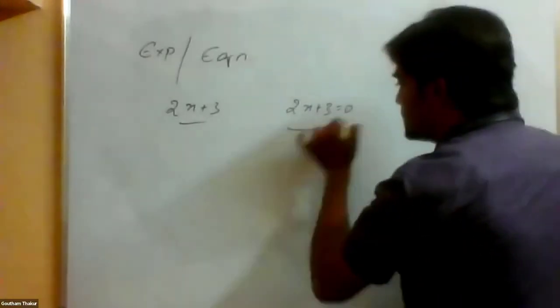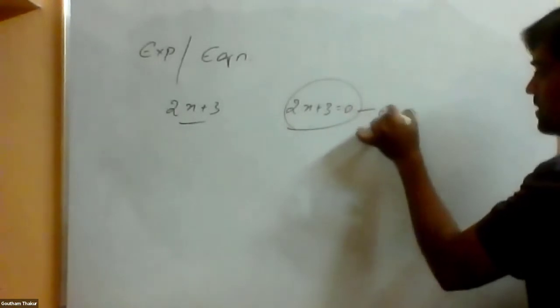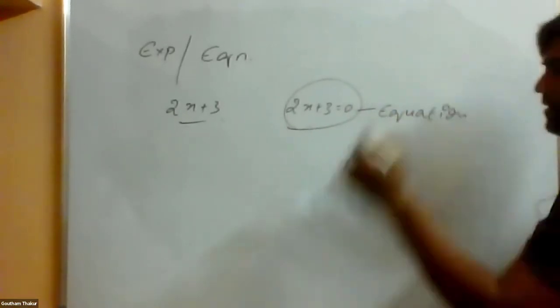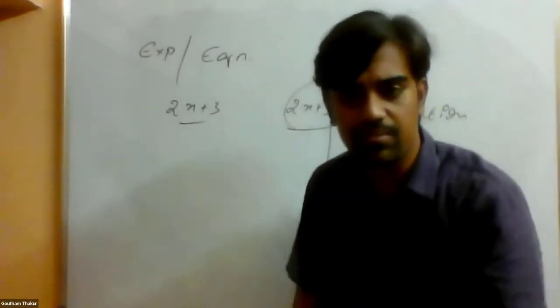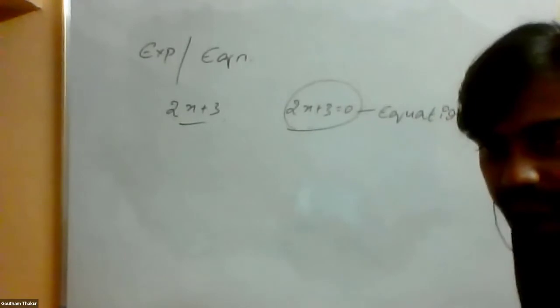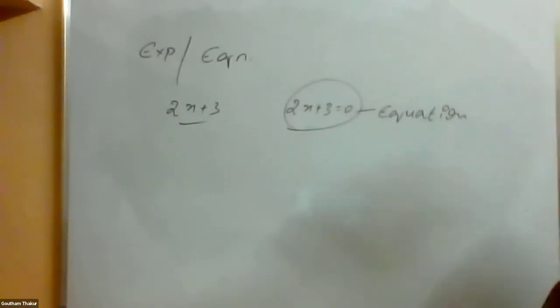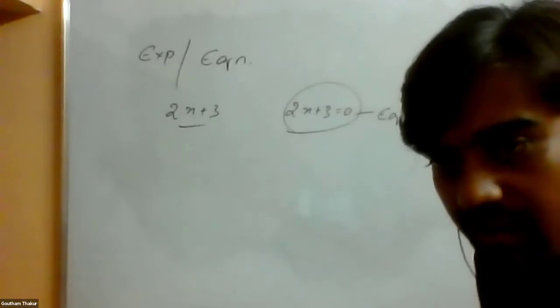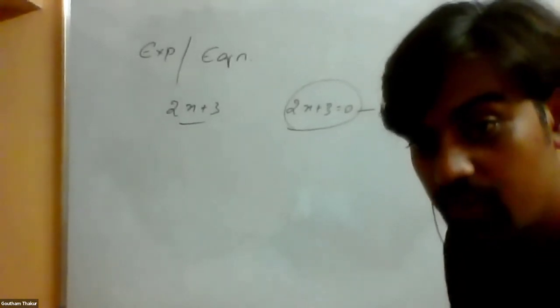Now let's start with 2x plus 3 itself. I know it's an equation. Do I have another name for it, some kind of equation? What kind of equation?